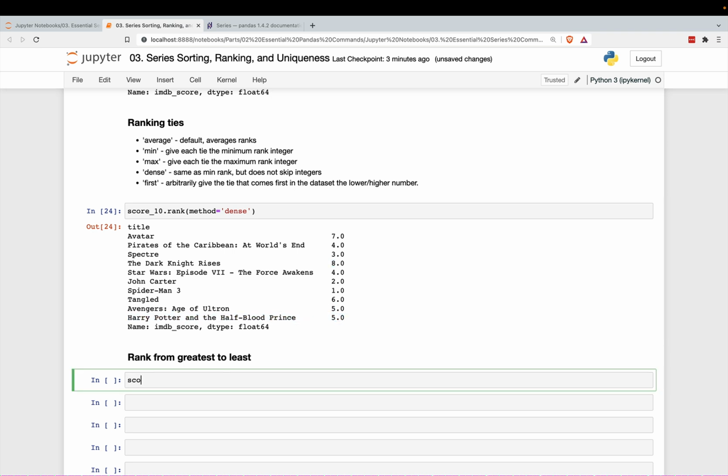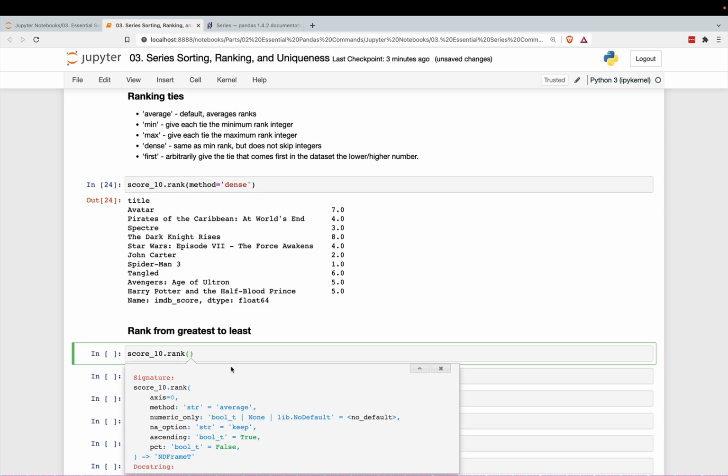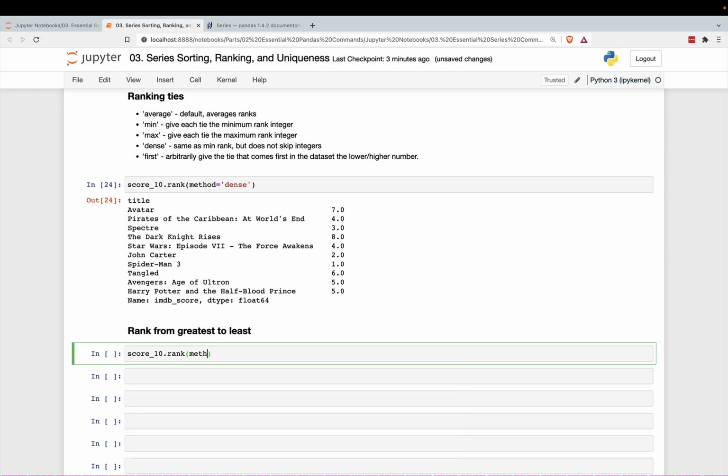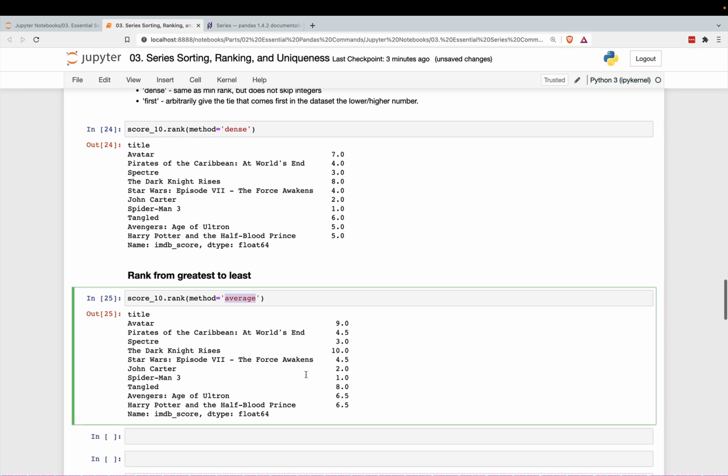And then just like sort values, you can rank in the opposite direction, which makes more sense with movies. When you think of movie ratings, the highest number should be given rank 1. So we can do average like this. This is the default, so you don't have to put it. Sorry, I need to do ascending.